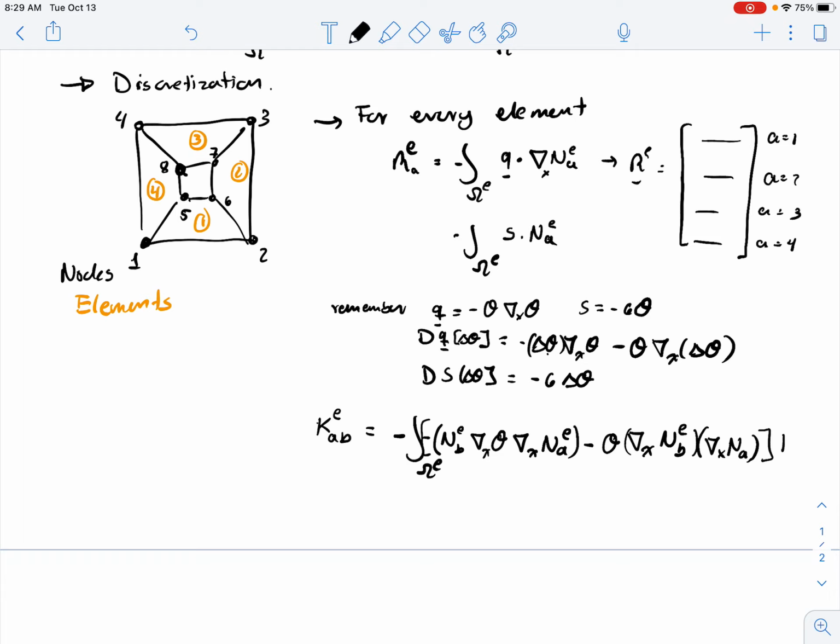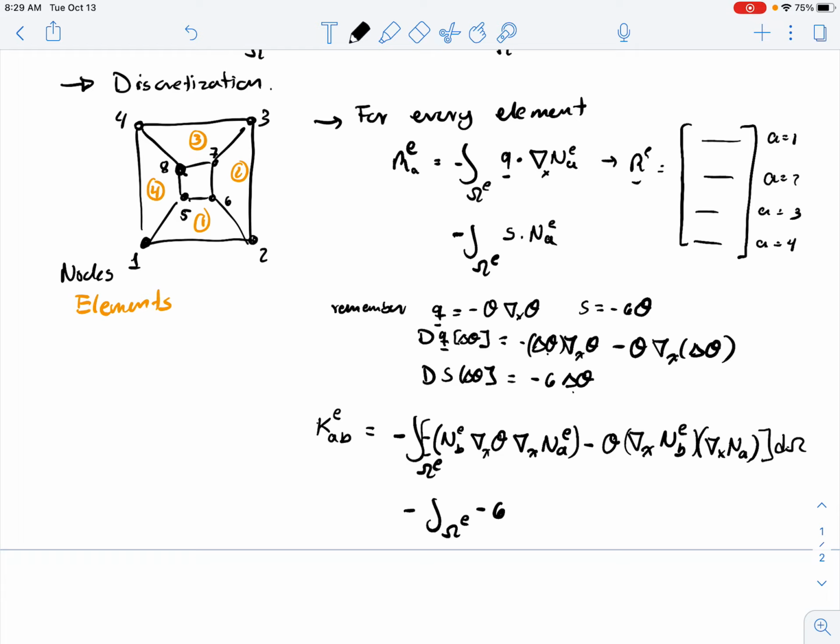So that would be one part of the integral, and then the other part of the integral is minus the integral over omega e of the linearization of S. Well, the linearization of S is minus 6 increment. So minus 6, and the increment, like I said before.